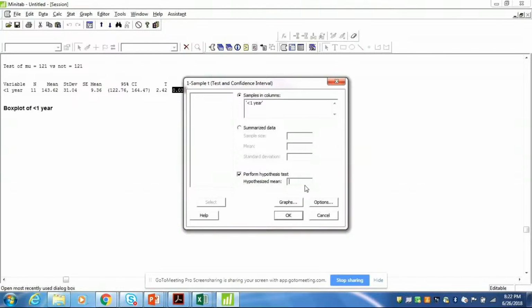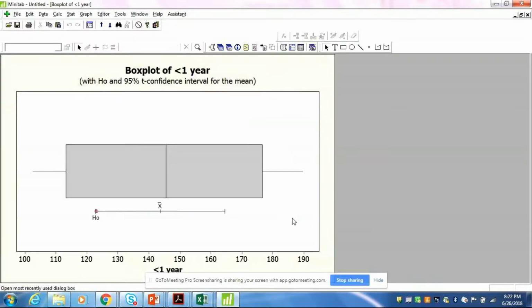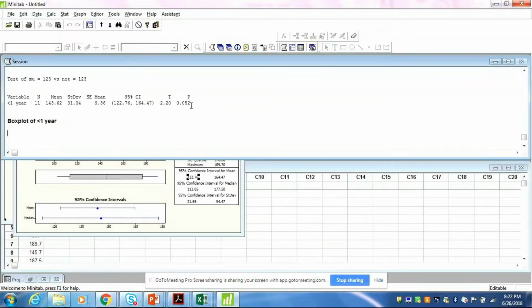Okay, what is the value that you entered? I put 123. 123, which ideally should be very near the low end. See, it has come on that blue line. See, it is greater than 0.05. Borderline case, but yes, greater than 0.05.